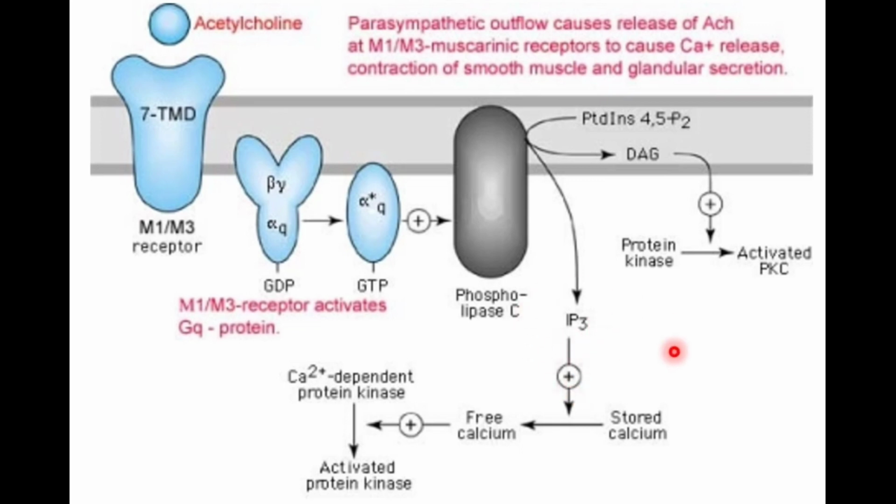IP3 acts to release calcium ions from intracellular stores. Elevated cytosolic calcium causes muscle contraction or gland secretion.